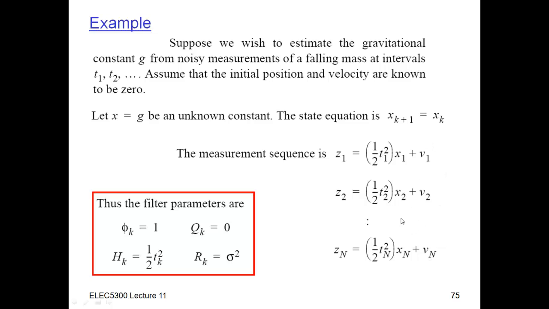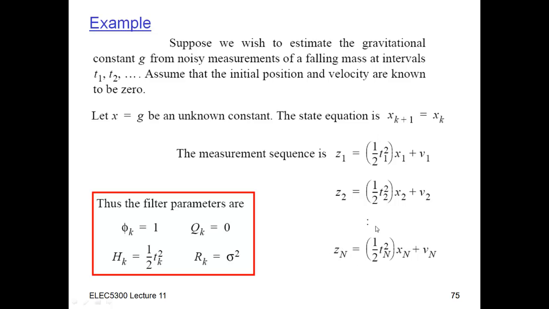And then the H is just a time-varying readout matrix, right? Because I'm taking the gravitational constant and I'm multiplying it by something, but the thing that I multiply increases with t, right? That's corresponding to the mass falling and accelerating, leading to larger and larger displacements from the starting point.